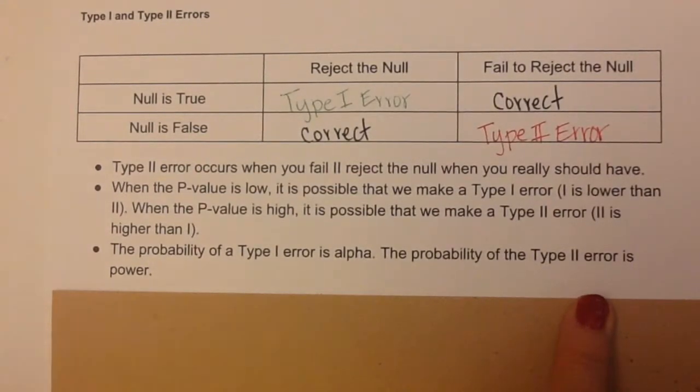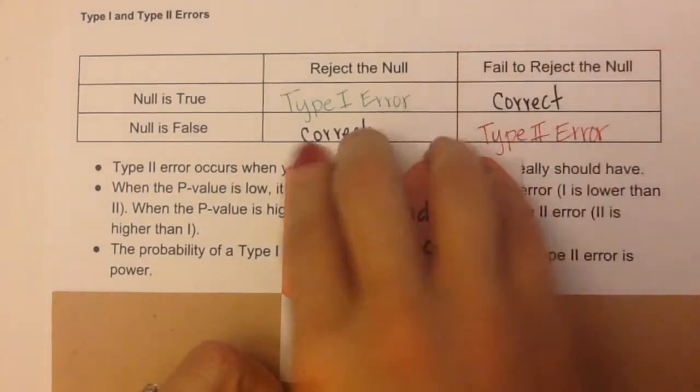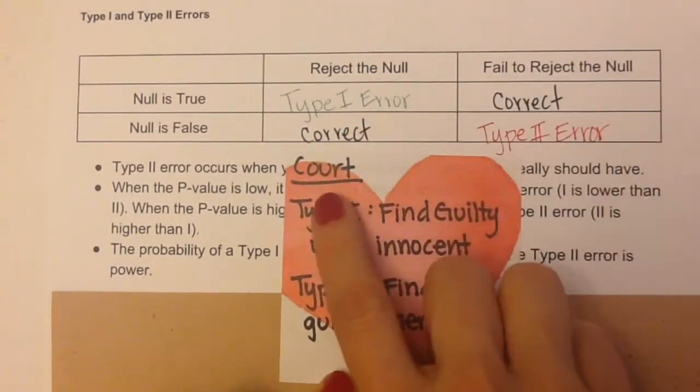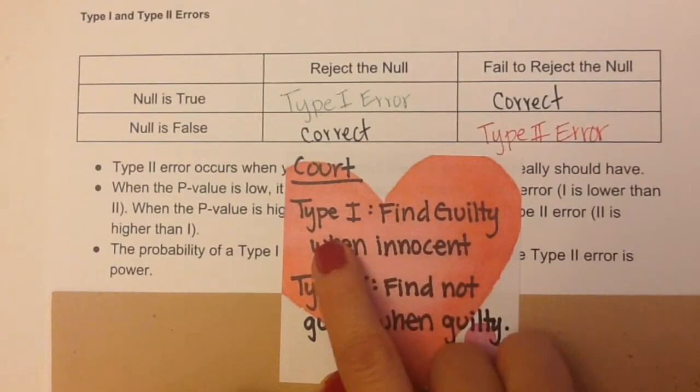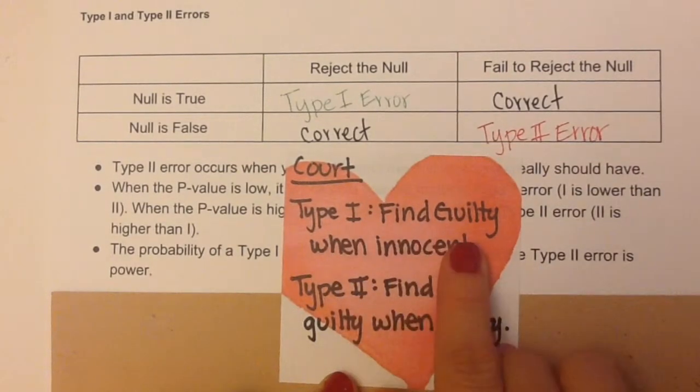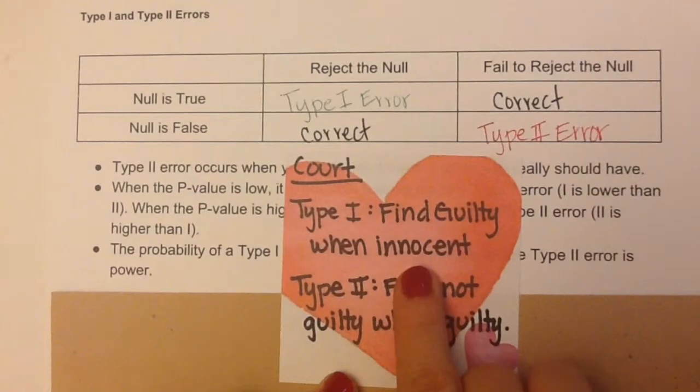Now the other thing I wanted to go over with you is bringing this back to the court case example I talked about before. If we're dealing with a court case, then a type 1 error would be to find somebody guilty when they're actually innocent. Think about the people who have sat in jail for 30 years for murder, and then some evidence comes up, or they finally run the DNA and they're able to figure out that this person was not actually the killer. How bad would that be? What kind of consequence is that?